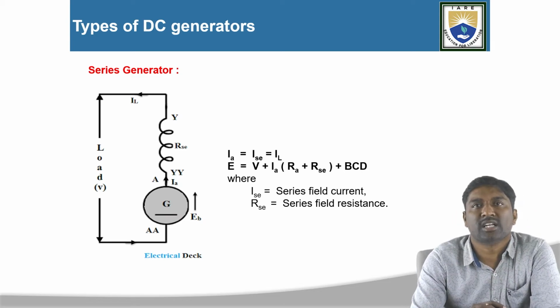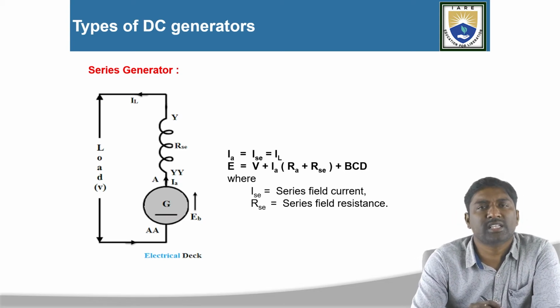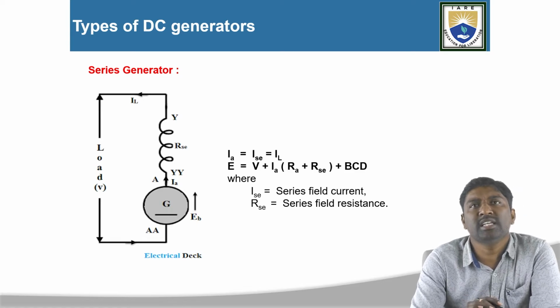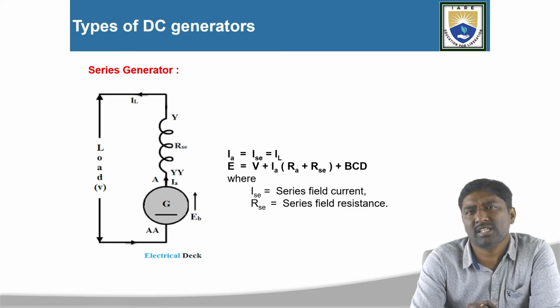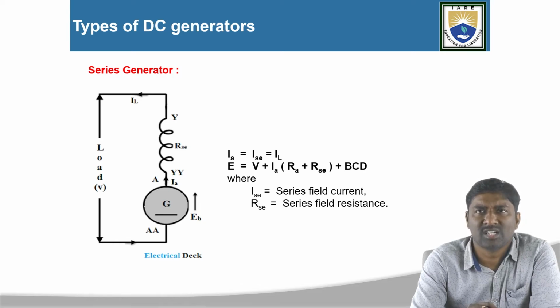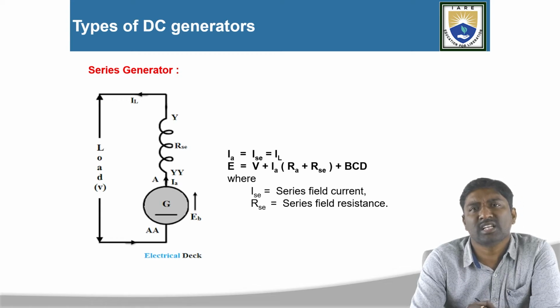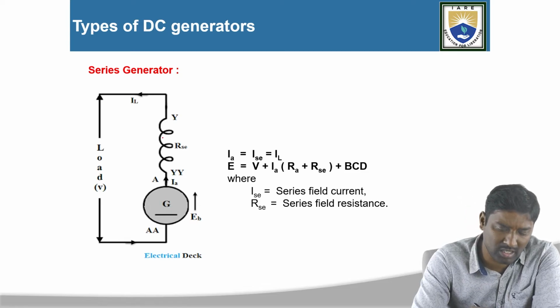DC series generator. In case of the self-excited DC generator, another type is the DC series generator. In the DC series generator, you can observe according to the connection of the field winding as well as the armature winding, both are connected in series.